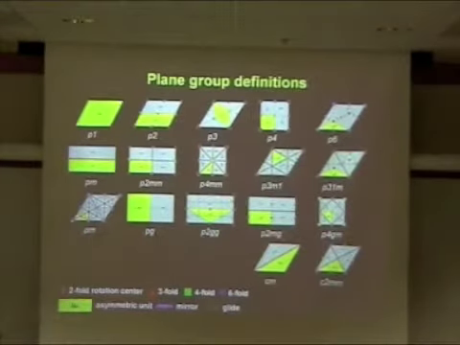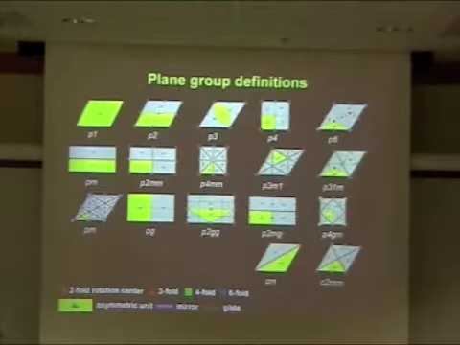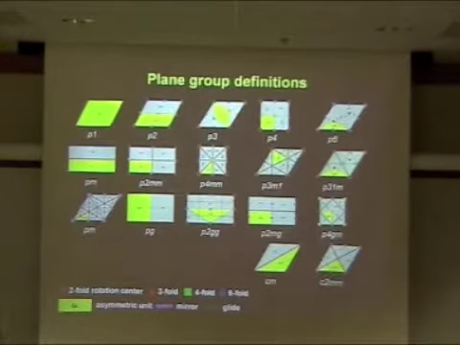Okay, and so basically taking all of those plane groups into account, we come up with 17 plane group definitions which describe all of the possible symmetries within a 2D projection image of a 2D crystal.